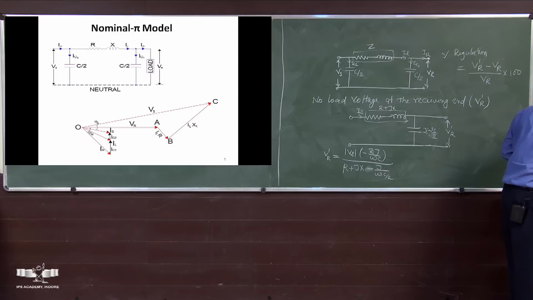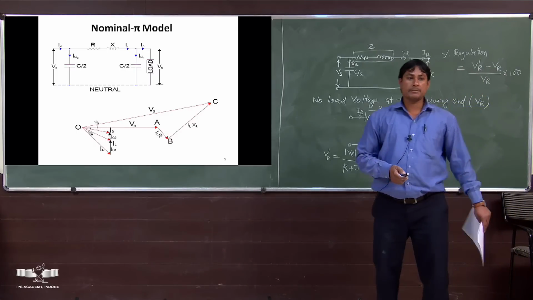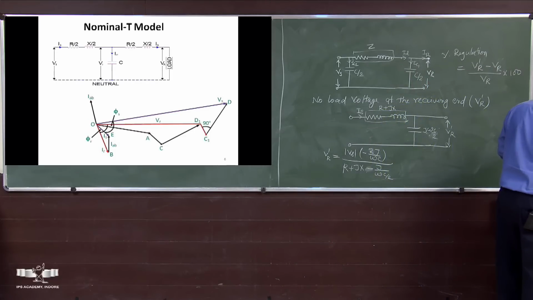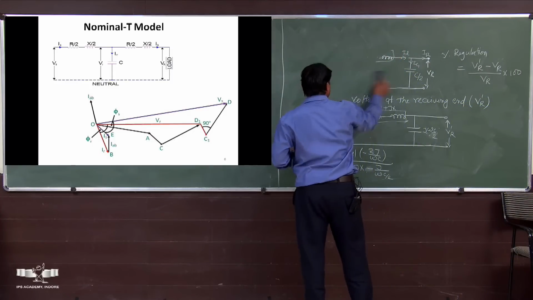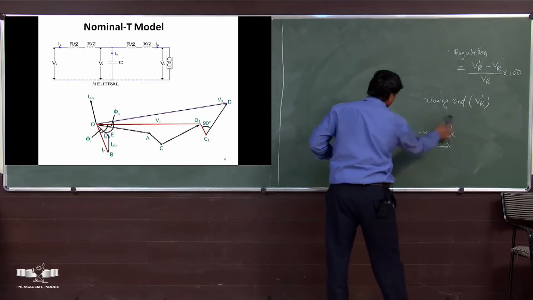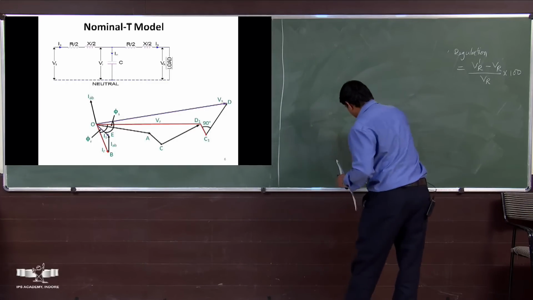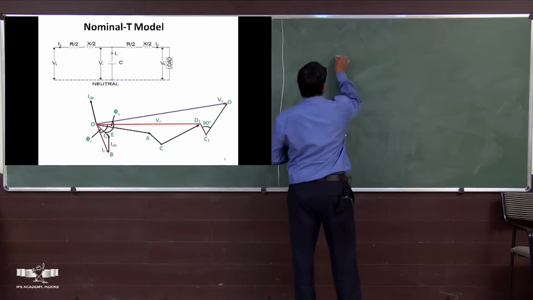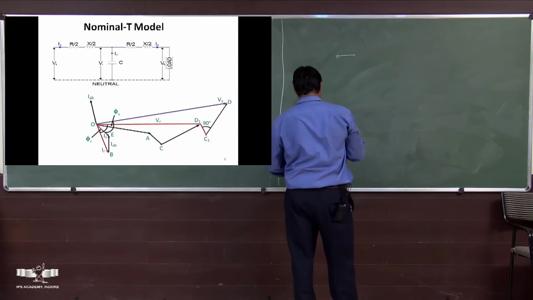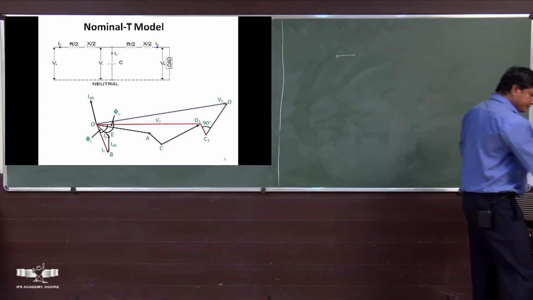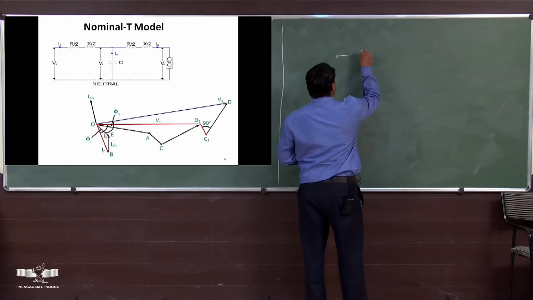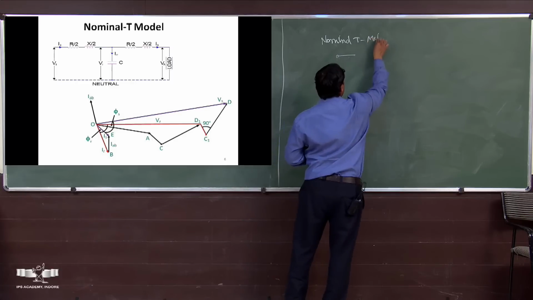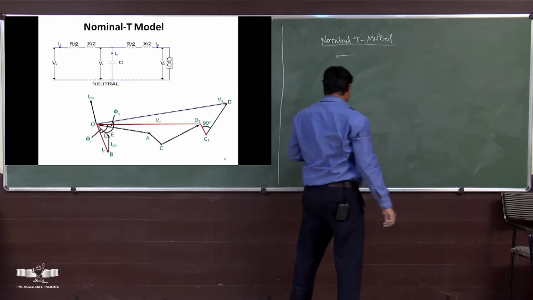The next method: we can also calculate voltage regulation by using the nominal T method. In the nominal T method for a medium transmission line, the series impedance we divide in two parts.